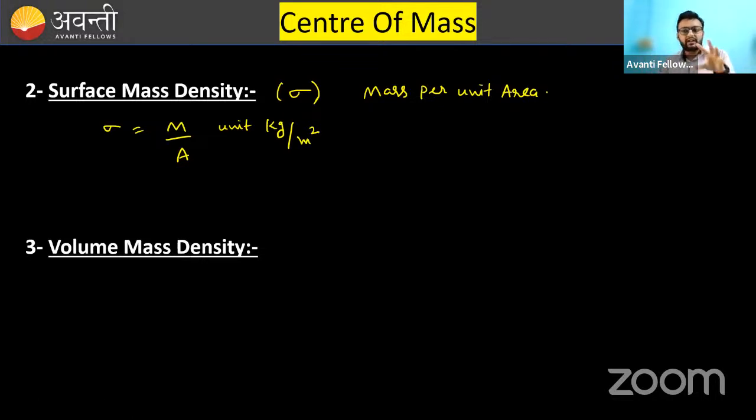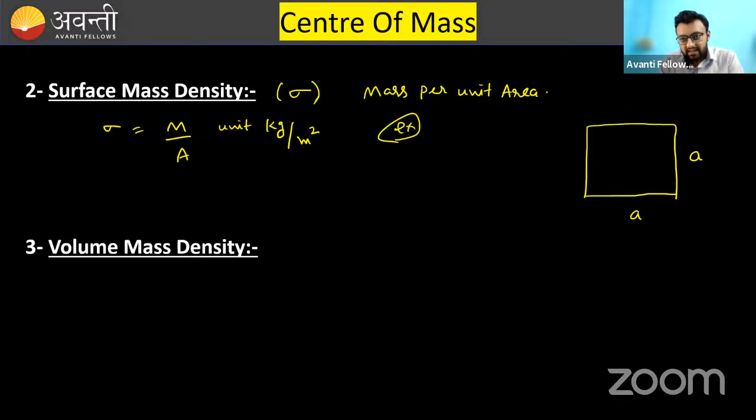Mass per unit area. So what is the need of sigma? For example, you have a square sheet of side A, and the mass density of this sheet is sigma, and you were asked to calculate the total mass of the sheet.